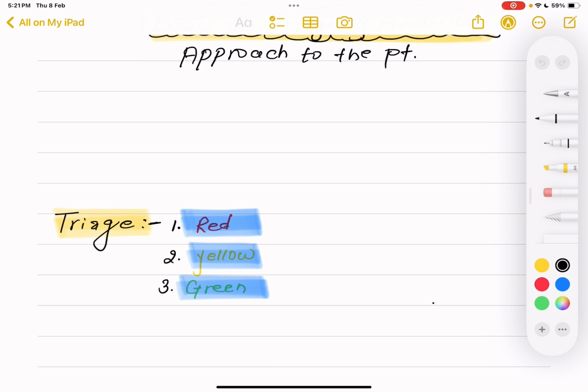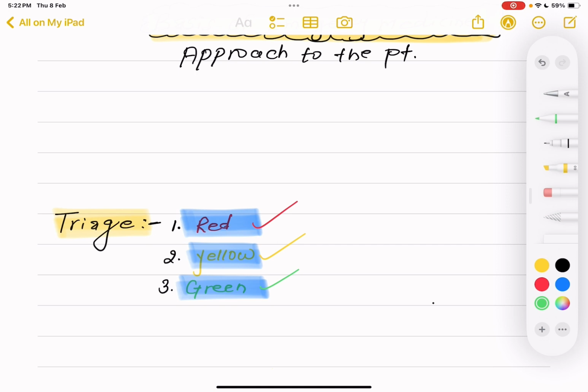Let's talk about the types of triage. We'll have red, yellow, and green. Even orange and blue can be available, but in our center only the red, yellow, and green triage system is present.